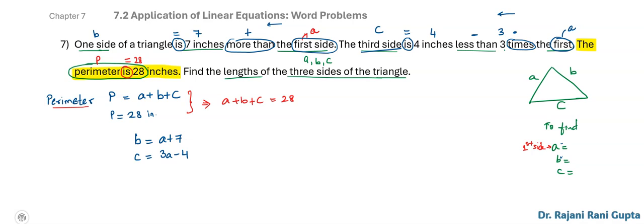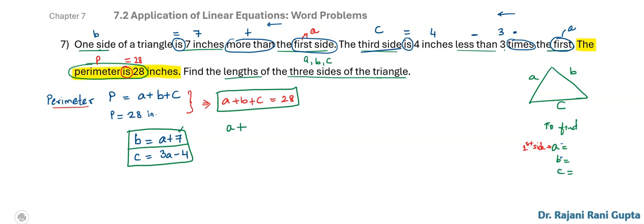Now, if we solve A plus B plus C equal to 28 by using these values of B and C, we see that B is in terms of A and C is in terms of A. We will get an equation in terms of A. So let's see how we work. A we keep the same.